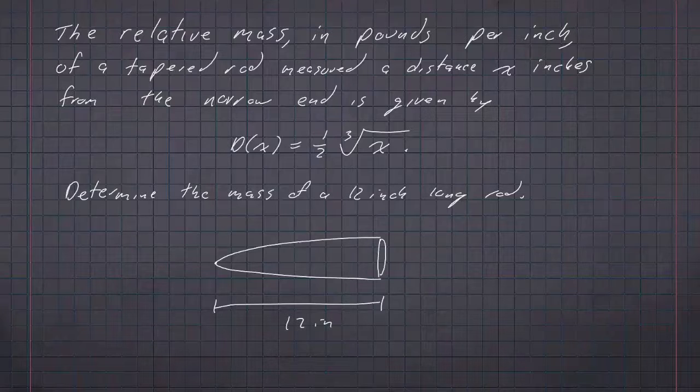But density is the mass in an infinitesimally small piece of the object. And the total mass asks us to add up the mass of each infinitesimally small piece. And as I said, integrals are perfect for adding up infinitesimally small pieces.